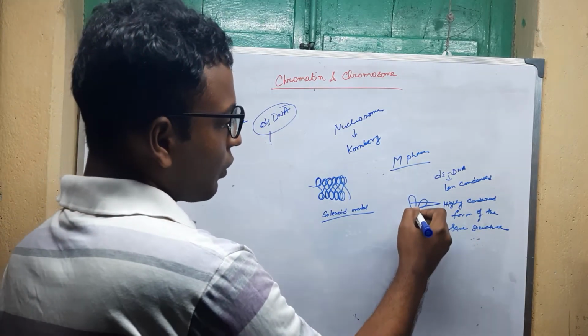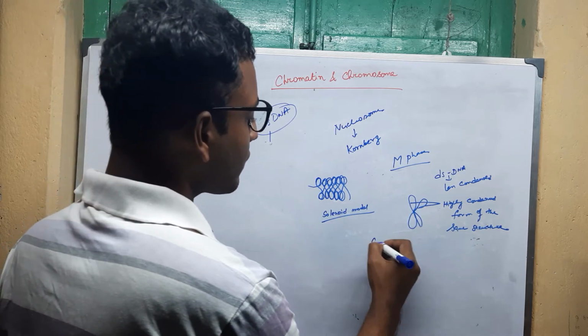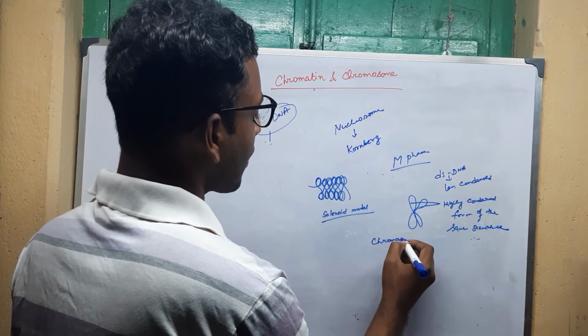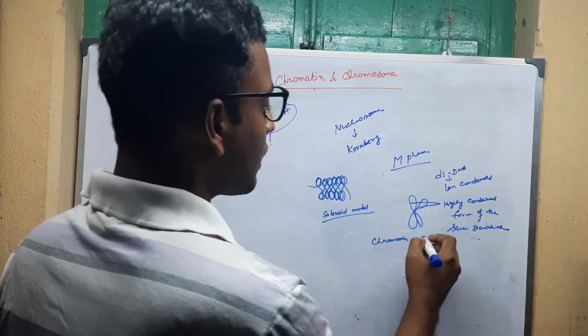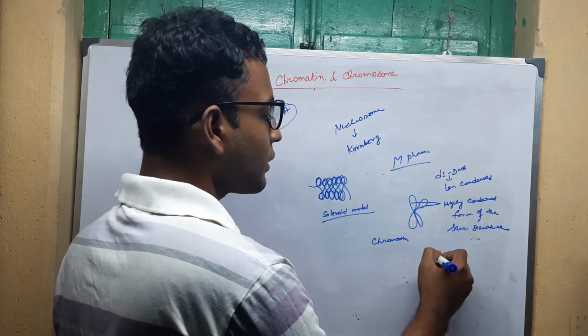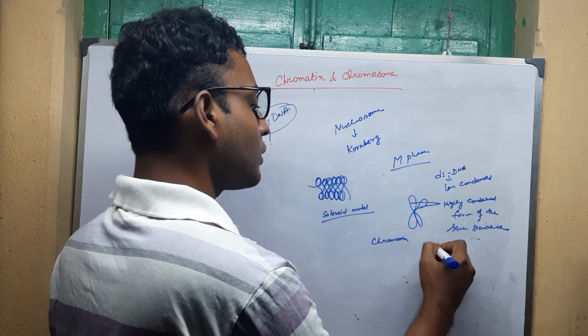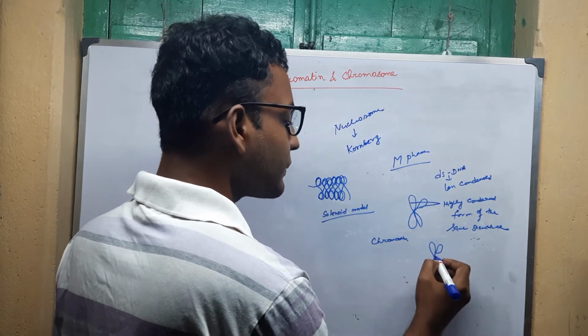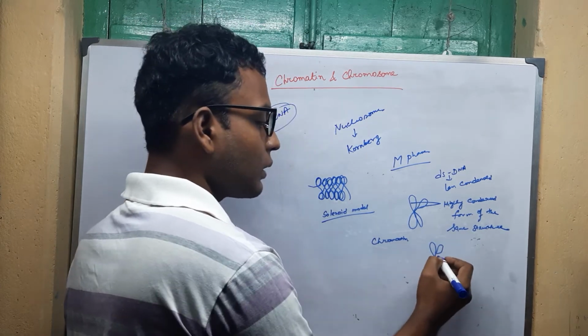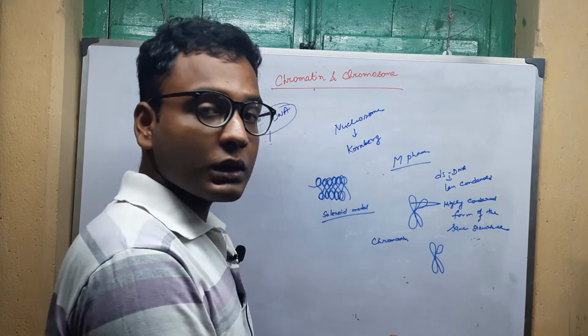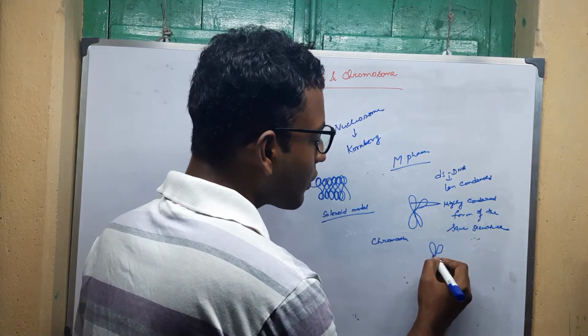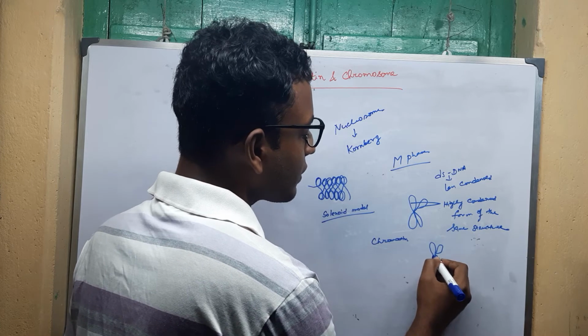Now, when this chromatin gets condensed and forms the structure of a chromosome, there is a constriction point at which the kinetochore proteins get associated.